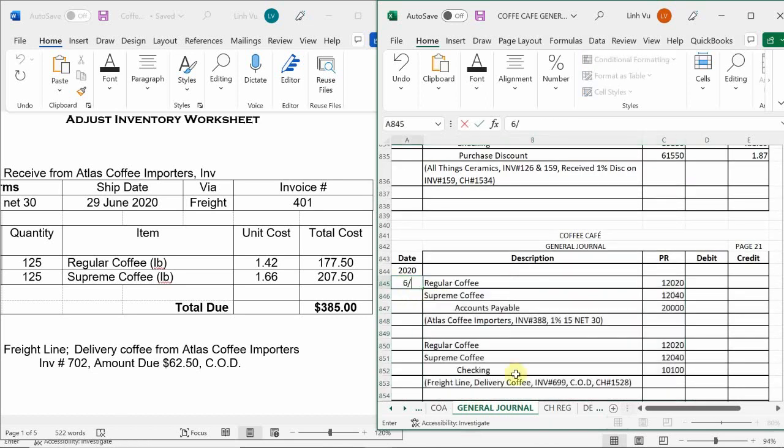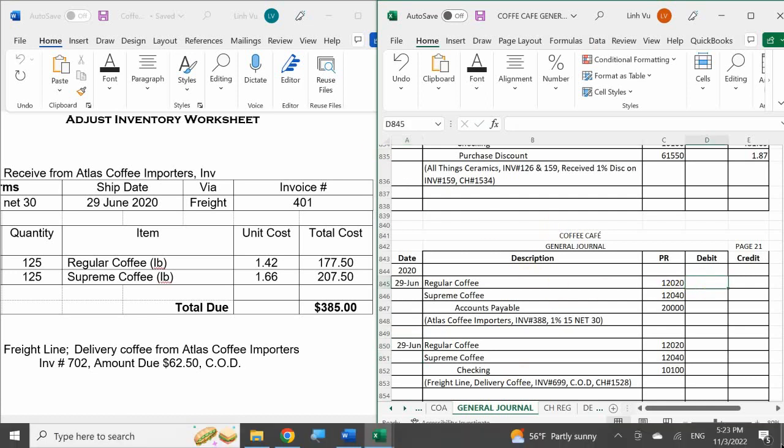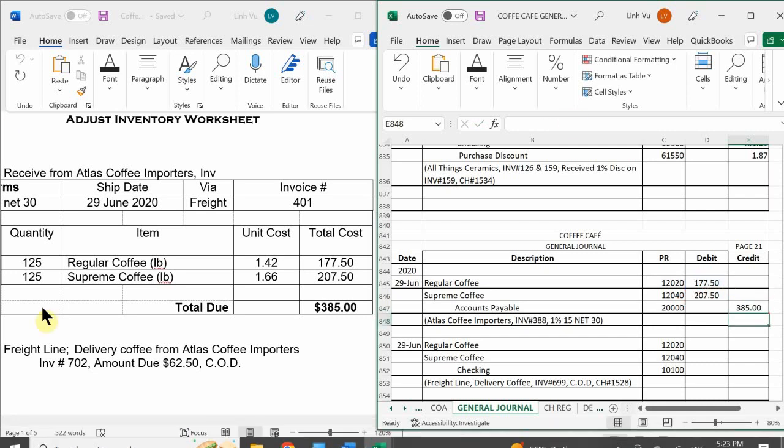Okay, this is 629. Okay, and for the regular coffee, we purchased 177.50 and 207.50 to give us our grand total of $385. Okay, $385.